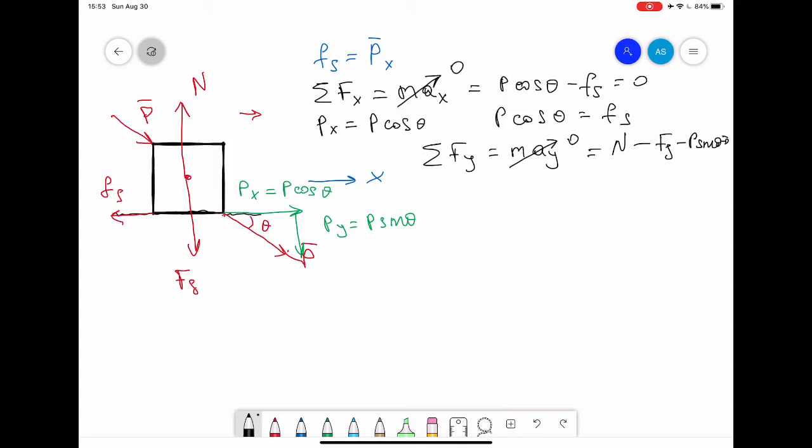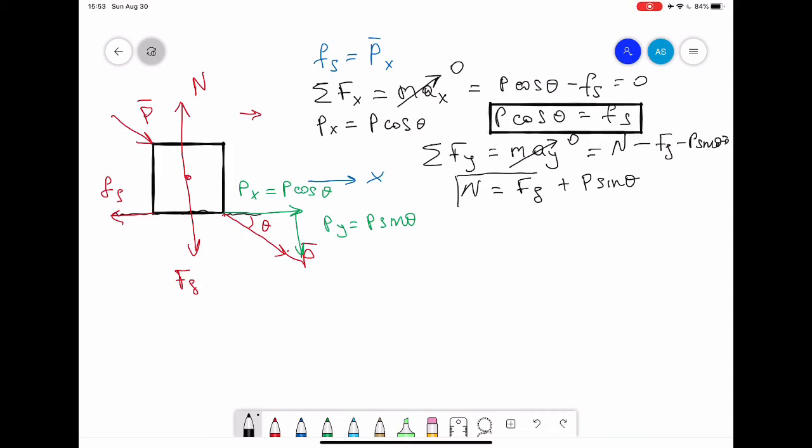Then the normal force is equal to Fg plus P sine theta.